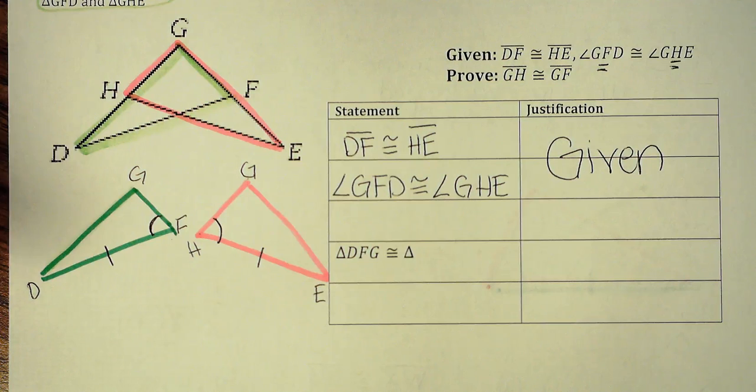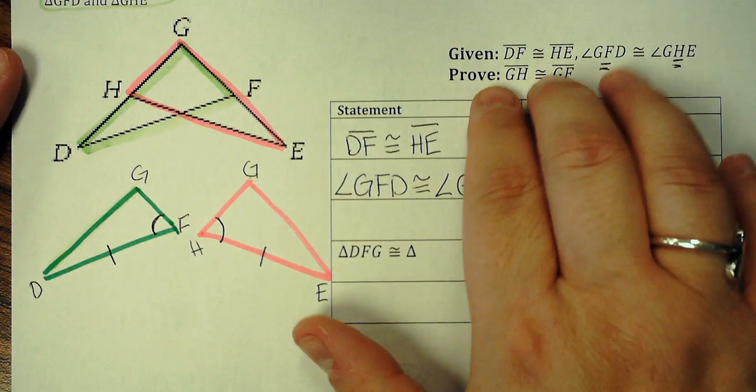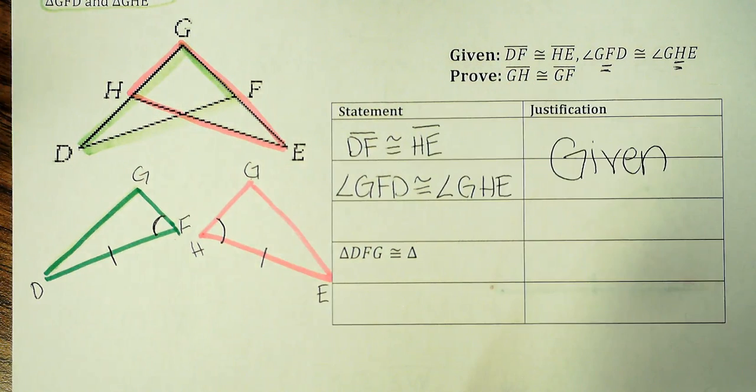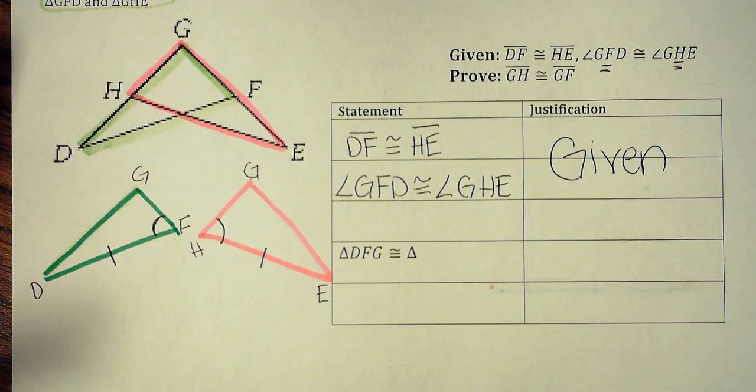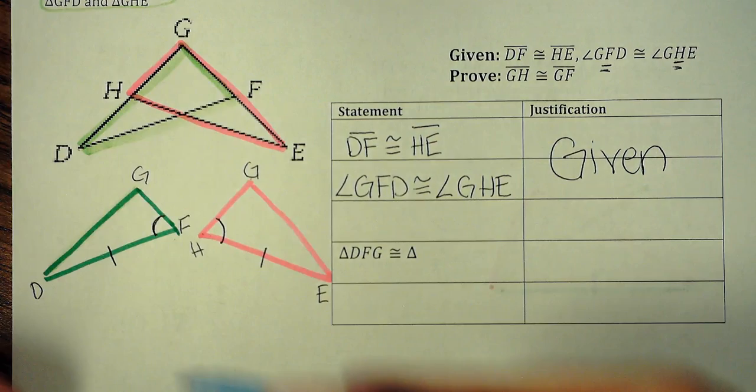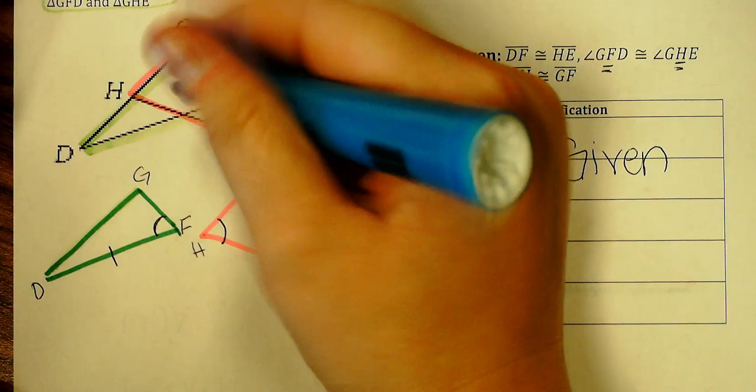Okay, now, no more given information, so we got to look back to the triangle. If I'm trying to prove parts congruent, I have to show the triangles are congruent first. I have no way of knowing if those segments are congruent from the diagram. What we could have, though, if you notice, this is kind of like the problem we just did.